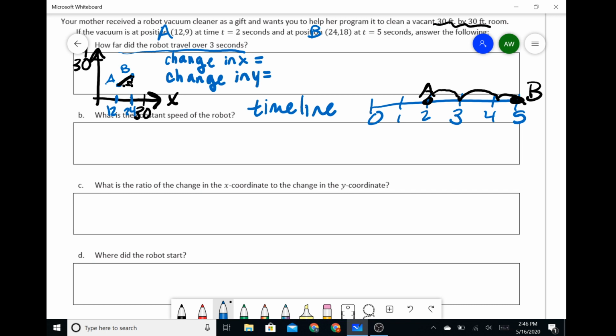We're going to take our 24 and subtract our 12, and our answer should be 12. Either Naishan or Abdel, whoever gets to it first, go ahead and find the change in Y, where our Y values are 9 and 18. Figure out the change in Y, and then we will be able to plug into the Pythagorean theorem.